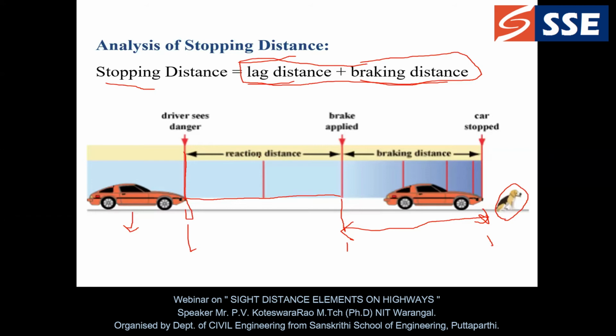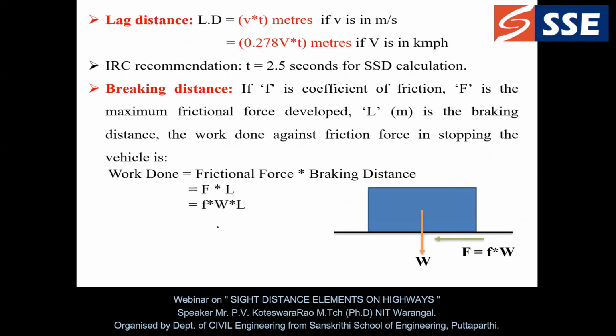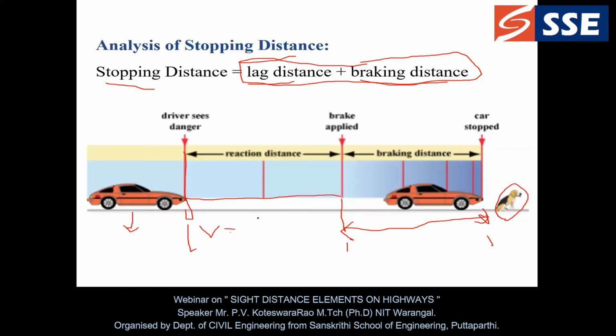In general, please observe, we have one formula: velocity is equal to distance by time. Already we know this basic formula. So distance is nothing but velocity into time. Now you know what velocity you are moving at.